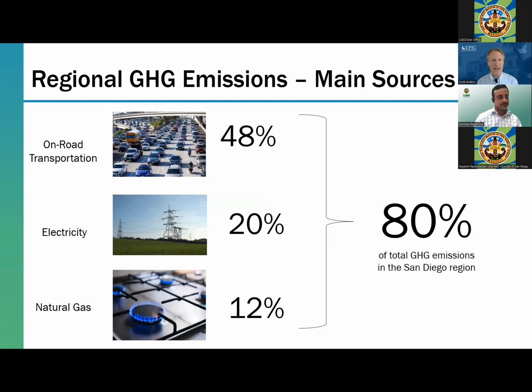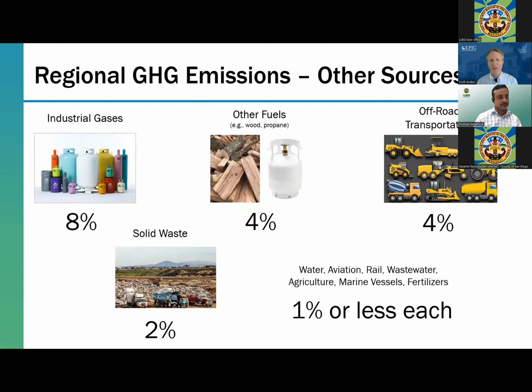And then the remaining emissions are made up from a number of categories, including industrial gases, other fuels like wood and propane, off-road transportation, which includes construction vehicles, solid waste, and numerous other smaller categories which represent 1% or less.